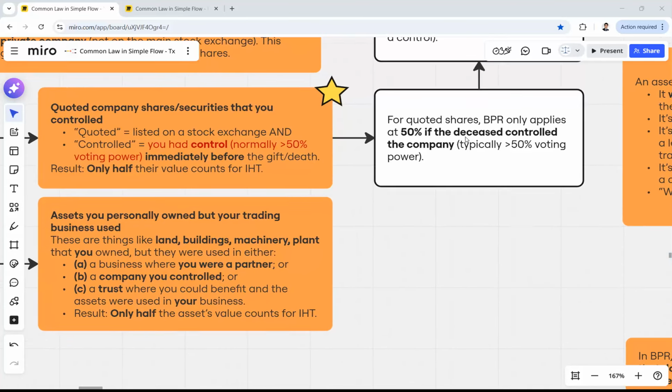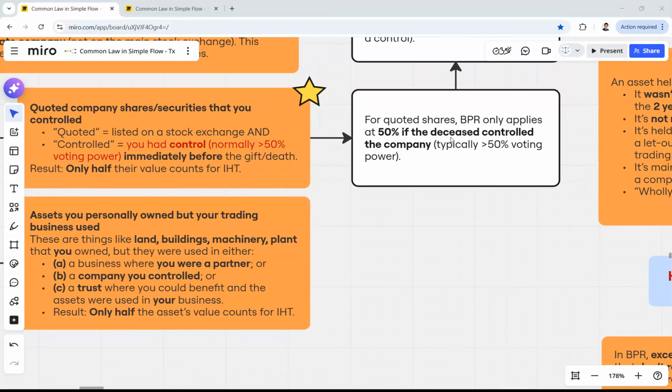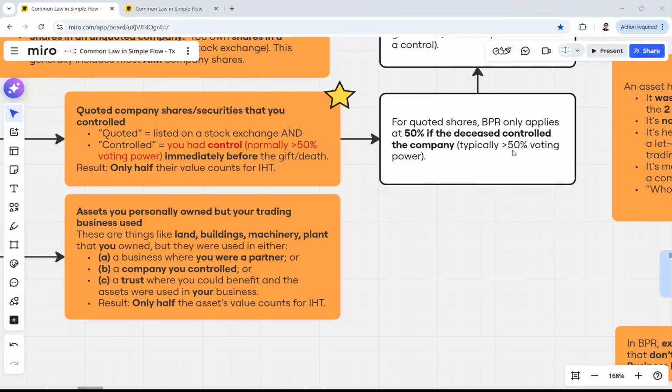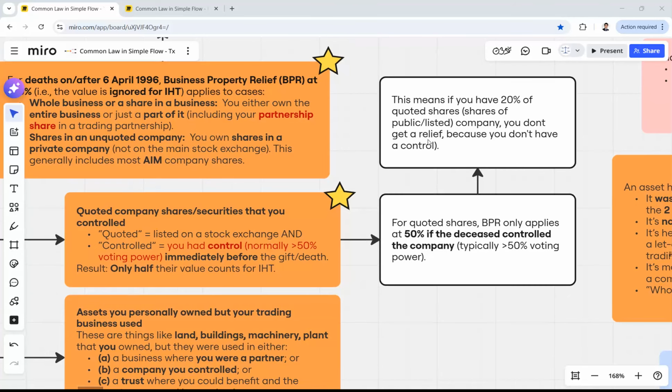So for quoted shares, the listed companies, the business property relief only applies at 50% if the deceased controlled the company, typically more than 50% of voting power. And what is important is the voting power and not the shares.